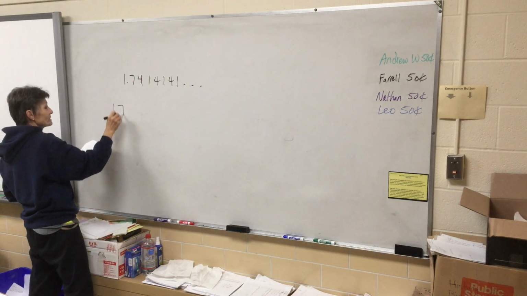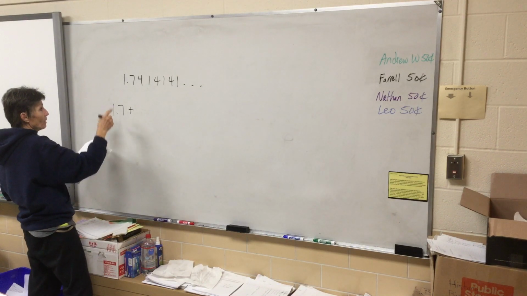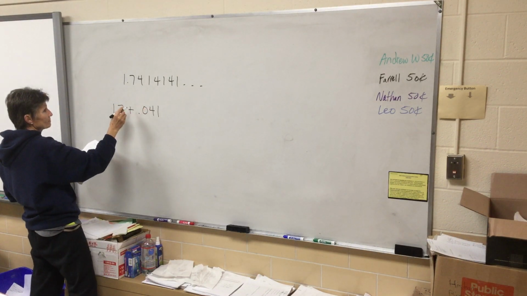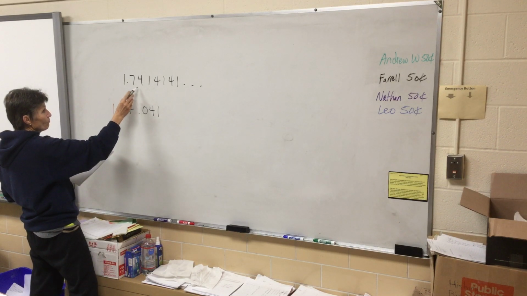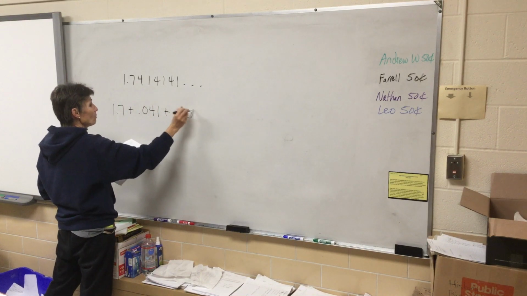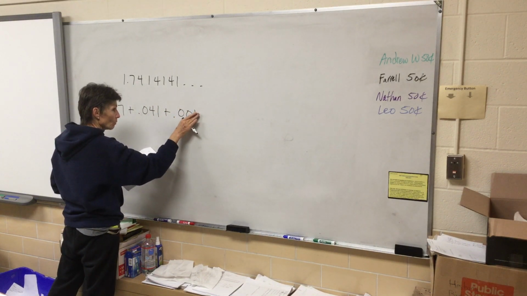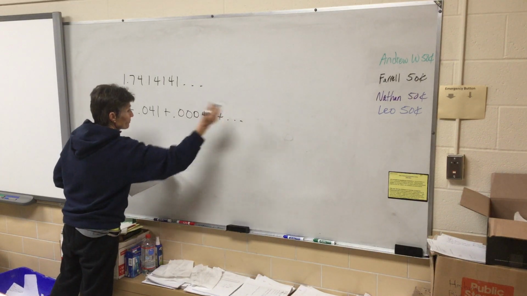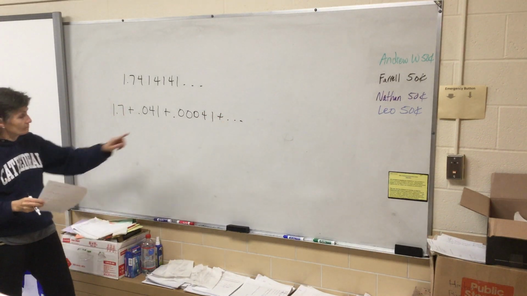So that's 1.7 plus 0.041 plus 0.0041 and so on.